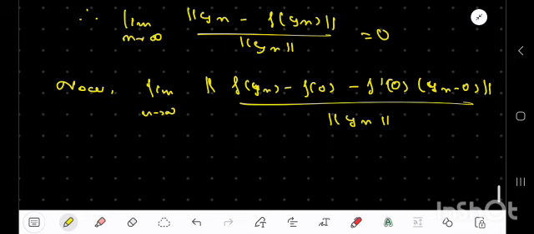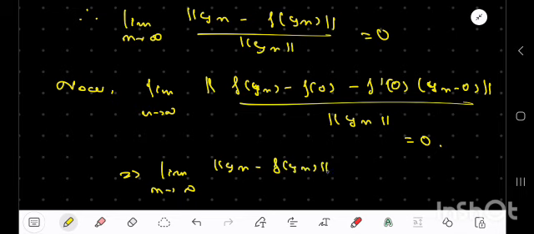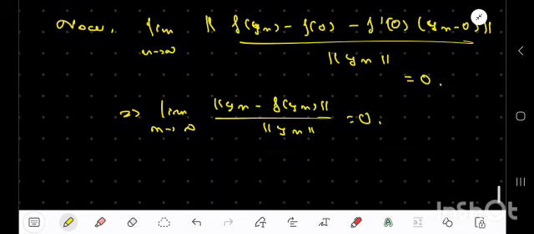We know that f is differentiable at the origin, therefore this is 0, so the limit is 0, and that's the end of the proof.